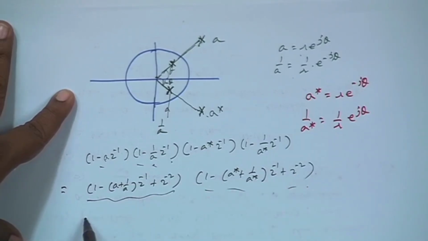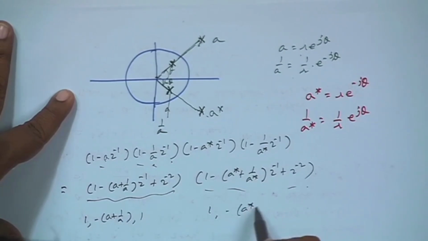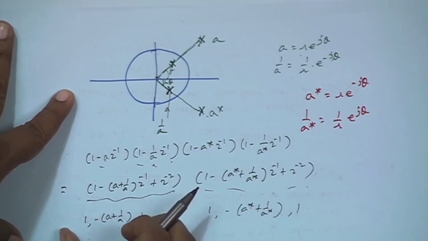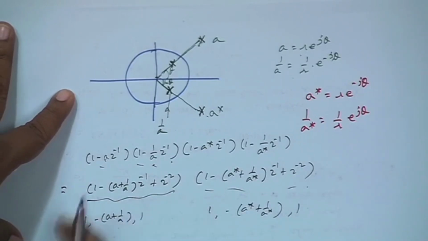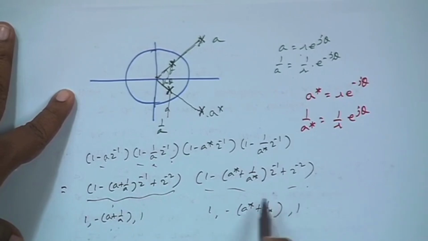What is the impulse response here? 1, minus, and 1, and here 1, minus a star plus 1 by a star, 1. The second order, so total terms is 3. The length is odd. So there is a mirror here, this is the odd man out, and from the mirror if you go to the left, you get 1, to the right 1. So it is symmetric. So this will be linear phase, and this will be linear phase in the same way.